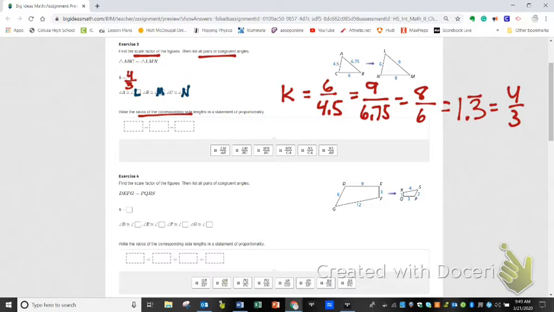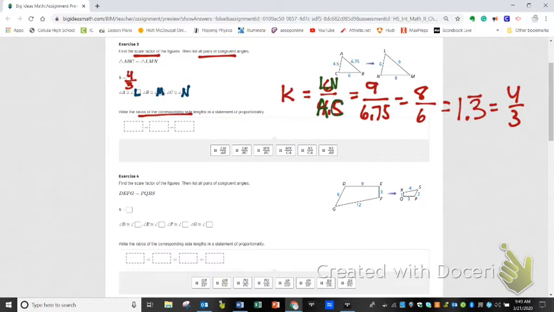Finally, they want us to write the ratios of the corresponding side lengths. We've already done that, but not in a statement of proportionality. We've just written the numerical values of the sides. But we can fix that to get the answer that they're asking us for by replacing the lengths of the sides with the names of the sides. So on the first one, LN was 6 and AC was 4.5.